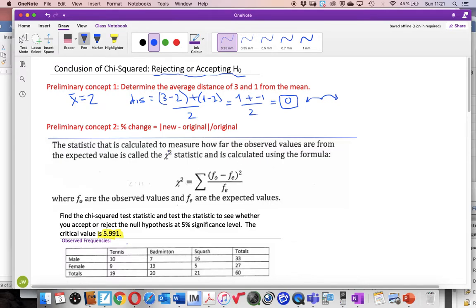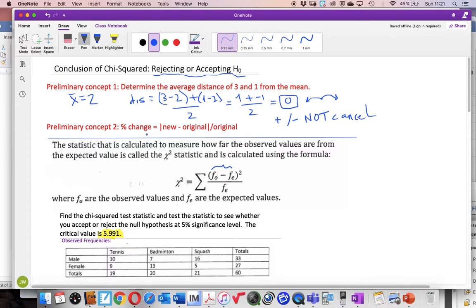This is actually why the chi-statistic is a chi-squared statistic, because we're going to be finding the difference between the values that we observed and the ones that we should have if they're independent, but we're going to be squaring it in order to have those negatives and positives not canceling each other out.